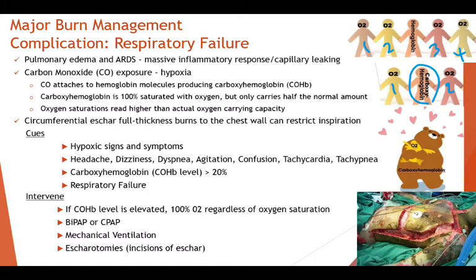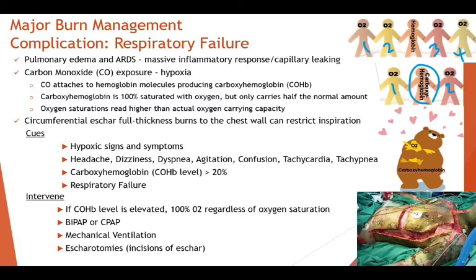But with respiratory failure, again, pulmonary edema, ARDS, carbon monoxide, those things are happening over a couple of days, and we are going to be watching out for hypoxic signs and symptoms. So headache, dizziness, dyspnea, all the hypoxic signs and symptoms we learned about in respiratory failure.